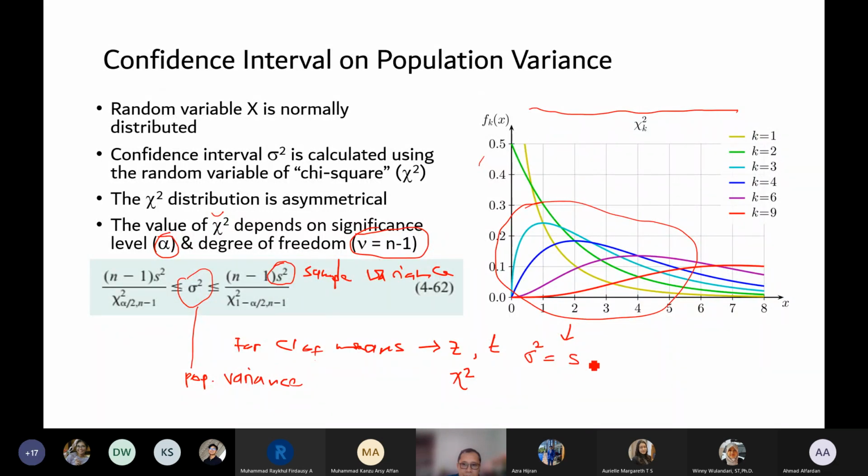You cannot do this, plus minus sampling error. Okay, so this doesn't work, because the shape of the chi-square distribution is not symmetrical. So you have to determine from the tables separately this one and that one.